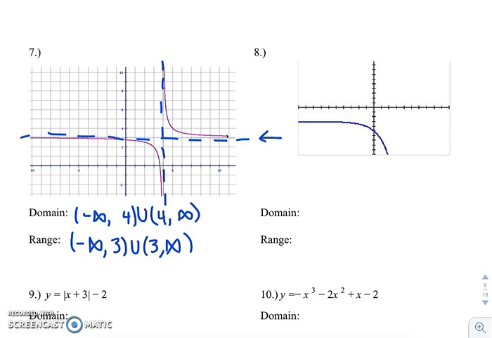8 is similar. It's just that instead of having 2 branches, it's almost like you kind of have 1. So instead of having these asymptotes that divide it, you just have one little piece. So what we want to see is where our graph levels off in number 8.